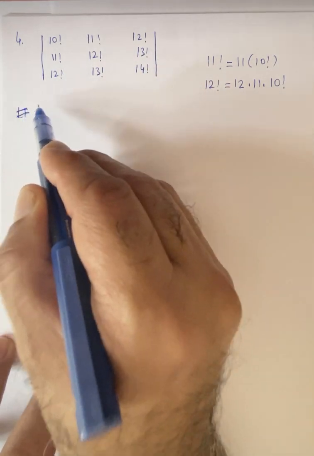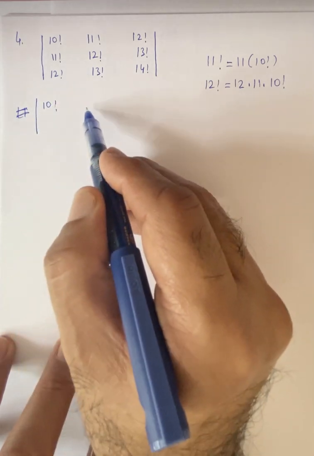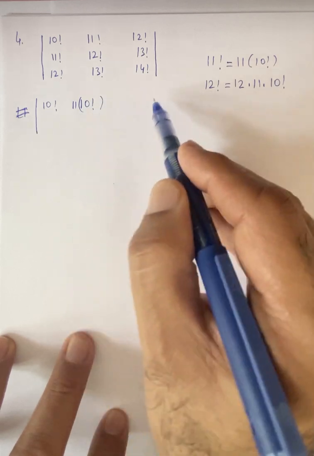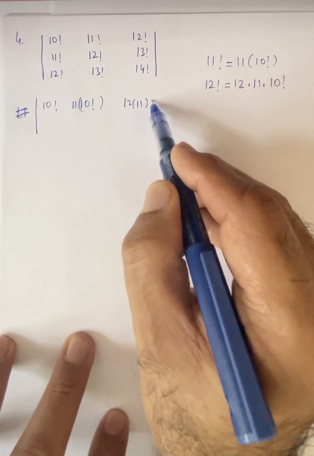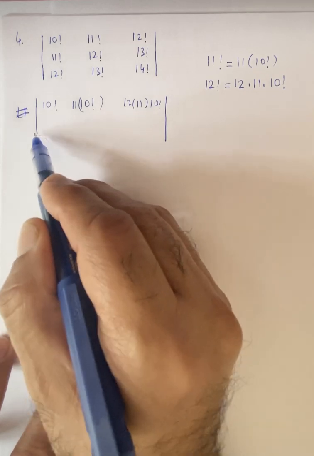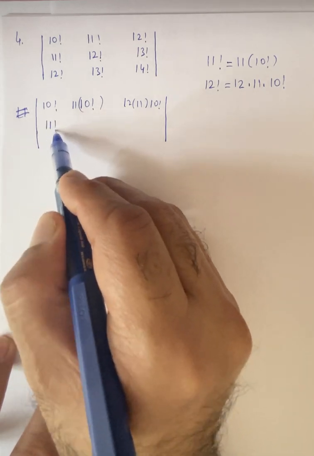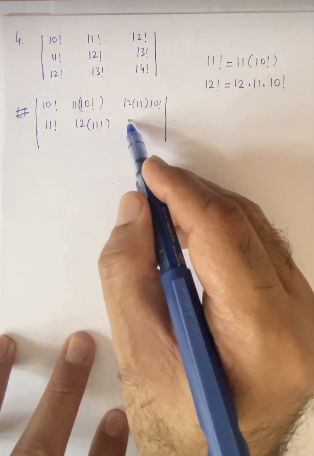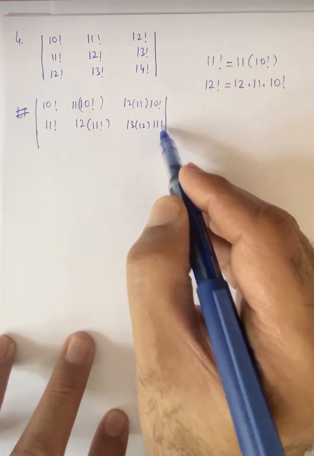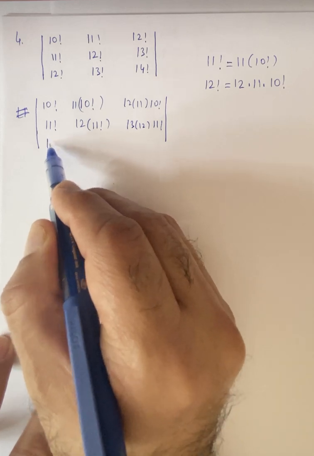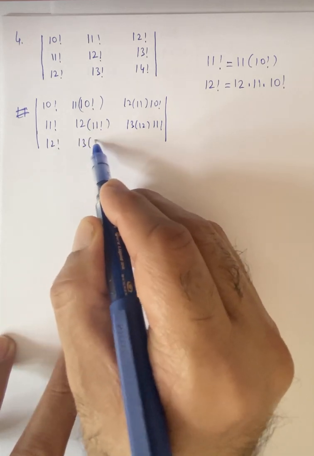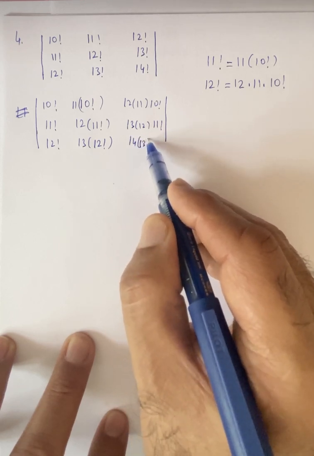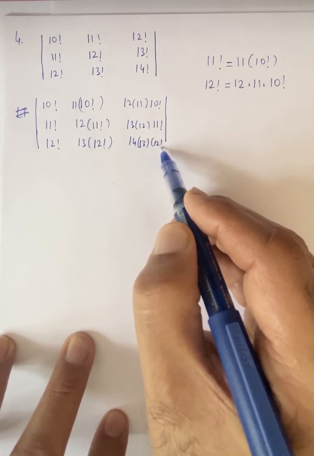So what is this equal to? This is 10 factorial. This is 11 into 10 factorial. Then 12 into 11 into 10 factorial. Similarly, 11 factorial, 12 into 11 factorial, 13 into 12 into 11 factorial. 12 factorial, 13 into 12 factorial, 14 into 13 into 12 factorial.